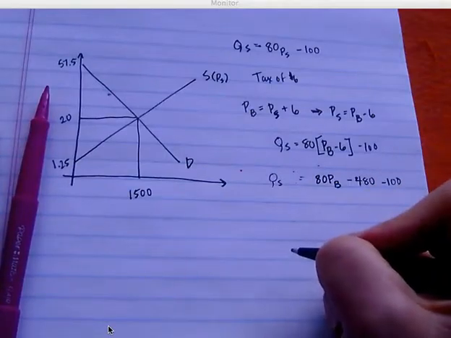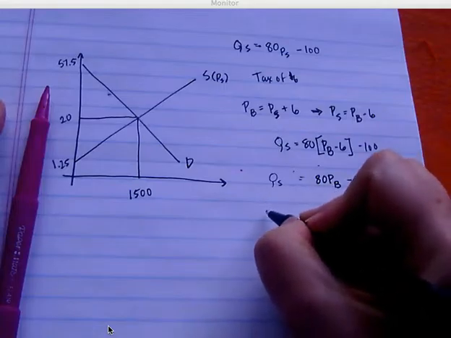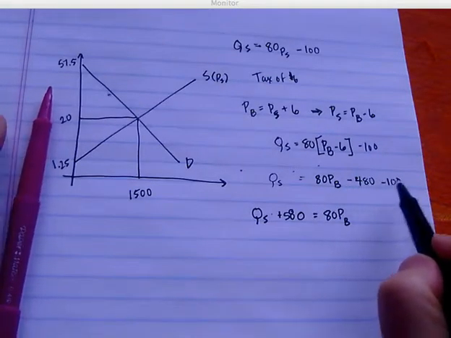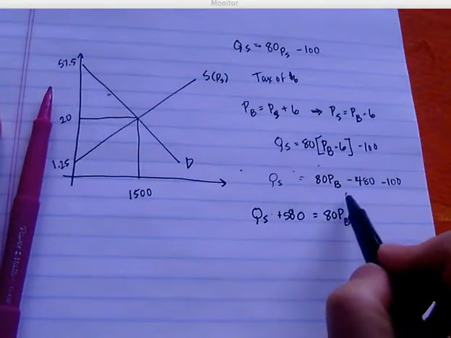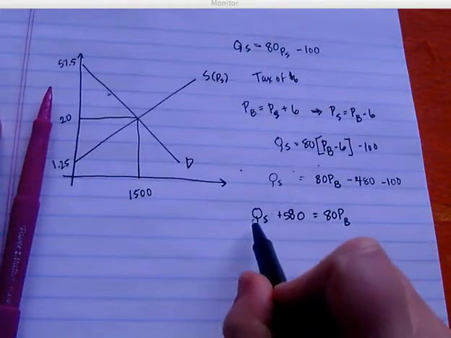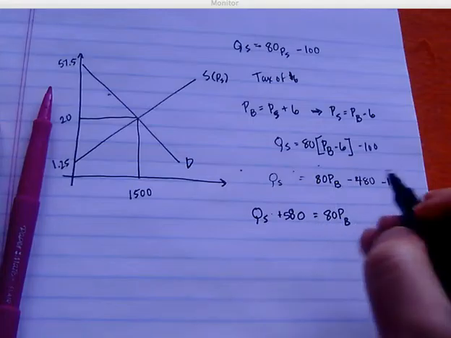Now let's put this all in terms of the inverse supply so we can graph it. So QS equals 80 PB minus 480 minus 100. All right, so we want to get PB all by itself. So let's take the 480 and the 100 over to the left-hand side. So we get quantity supplied plus 580 equals 80 PB.